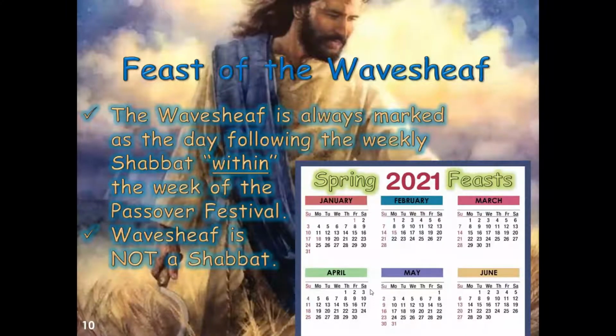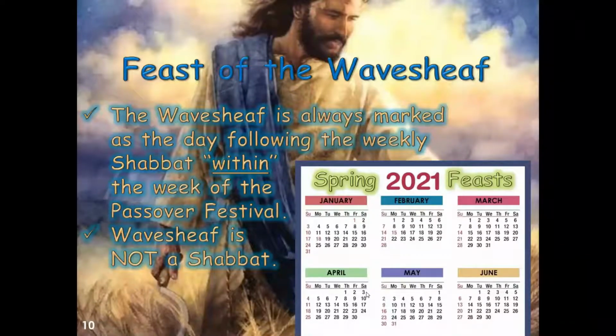Yes, because if we start Passover on the Shabbat of the 3rd, then it cannot be the wave sheaf at the same time, because the wave sheaf has to be in the week during the Passover. Ermi, read point number 1 again, very carefully.